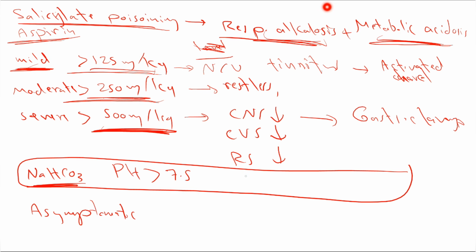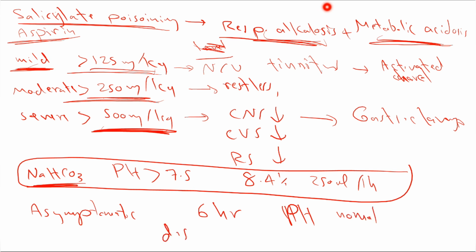The dose is 8.4%, you give 250 ml over 1 hour. If the patient is asymptomatic for 6 hours and the pH is normal, you can discharge the patient. But if a high dose was taken, then you have to follow up the patient.